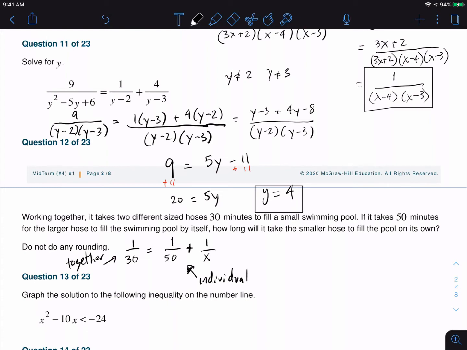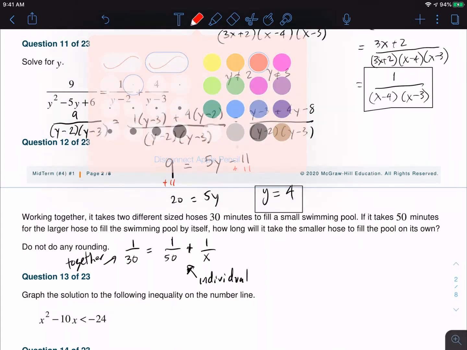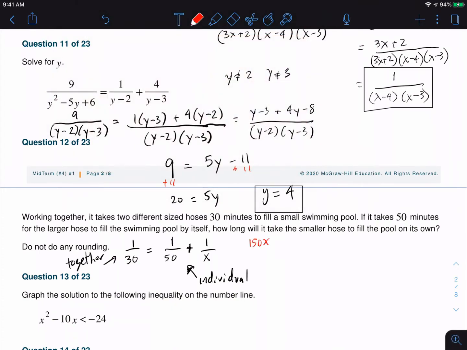I'll multiply by, what is that, 150x to everything. So I'm going to go, and I'll do it in a different color. I'll go 150x, and then 150x, and that's 1 over 30, and then it's 1 over 50 plus 1 over x.